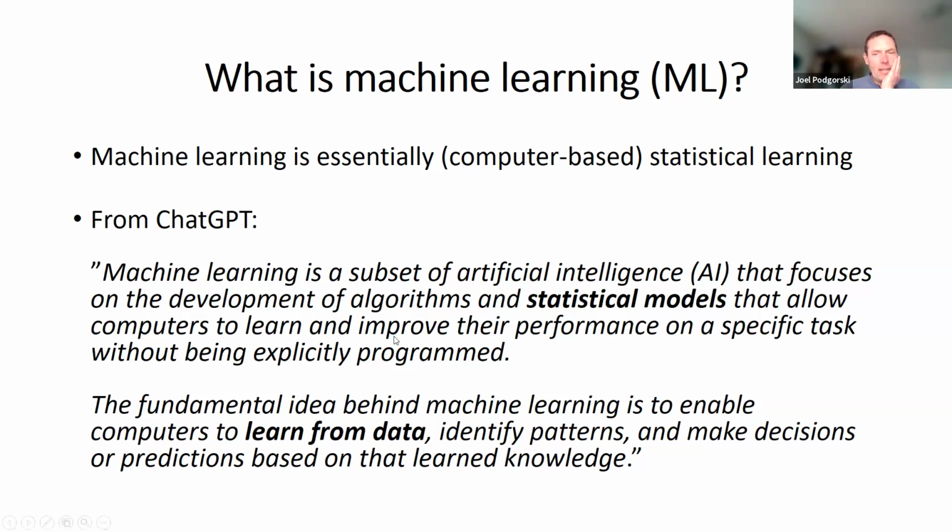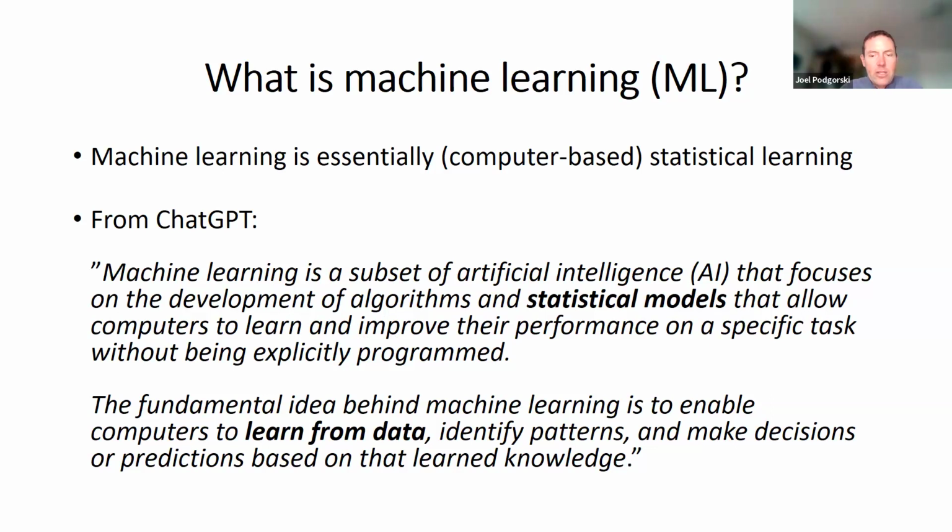I would copy something here from ChatGPT. Not that I actually use this that much, but machine learning is a subset of artificial intelligence. It focuses on development of algorithms and statistical models. Again, it's all about statistics, which are quite old and were being done before we had modern computers, that allow computers to learn and improve their performance on a specific task without being explicitly programmed.